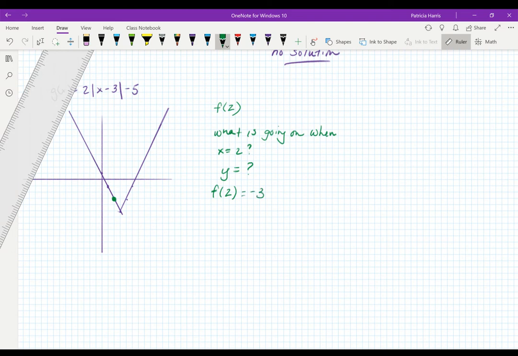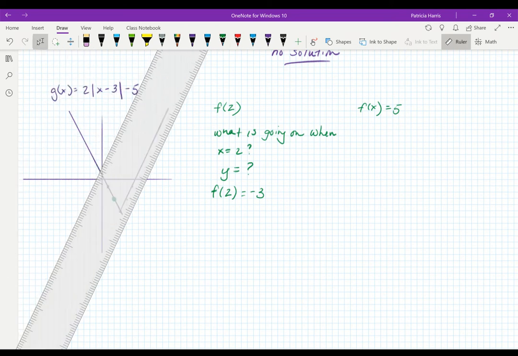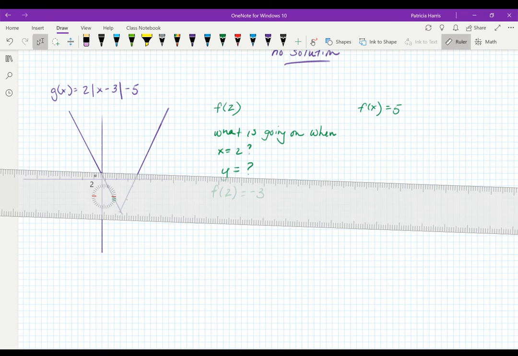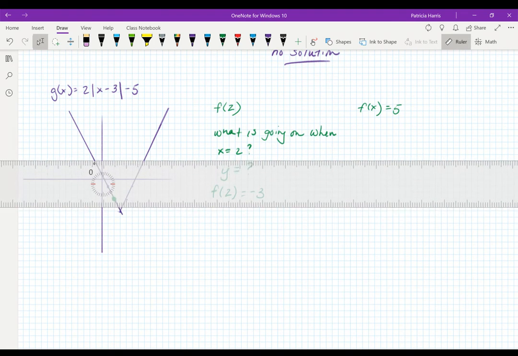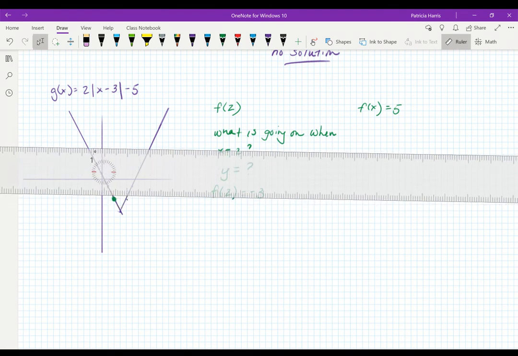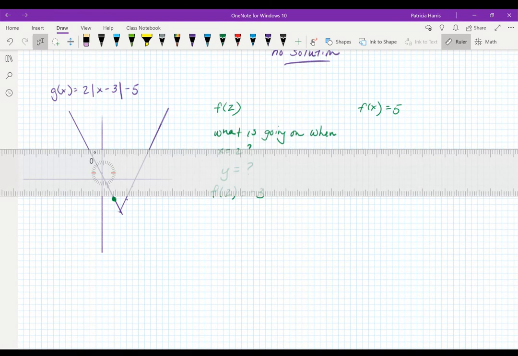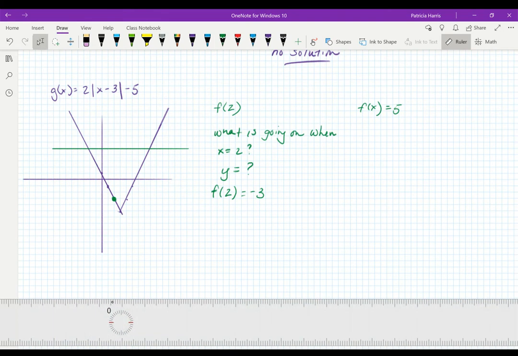Now it gets a little bit tougher if I ask you to find f of x is equal to, let's say, 5. Graphically, what you would do is graph the line y equals 5, and you see where they cross.